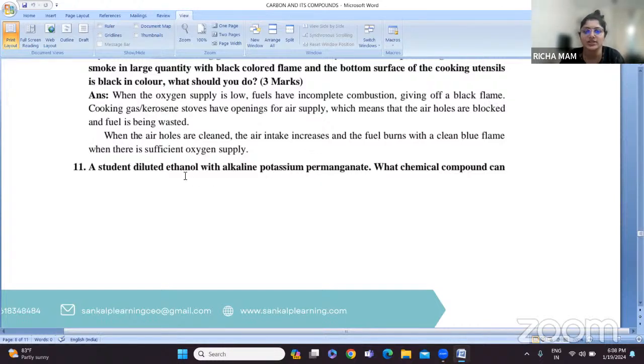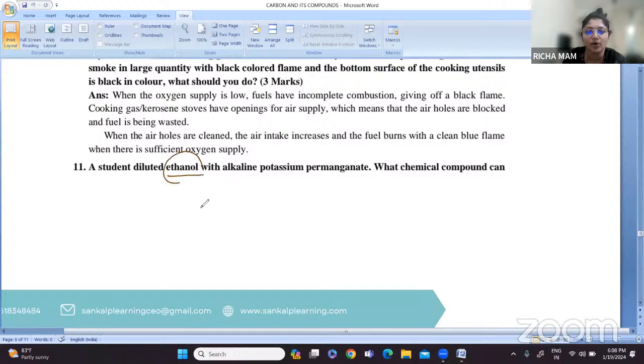So the question is: a student diluted ethanol with alkaline potassium permanganate. What is alkaline? Alkaline means basic medium. So when you add water to the base, you get an alkaline medium. What the student did: the student took ethanol.